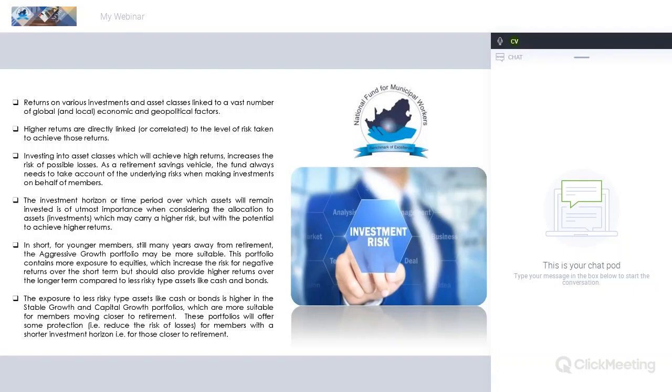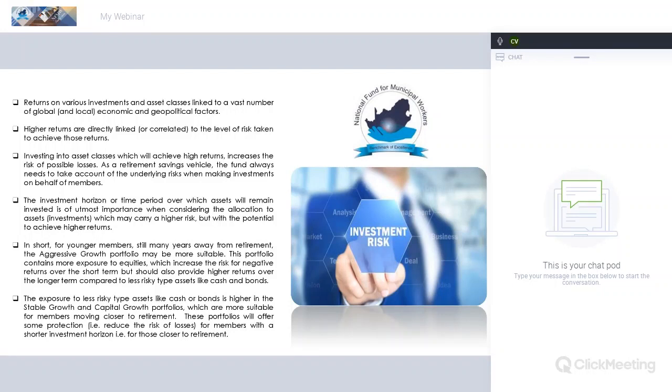One risk measure is volatility. It just means that market volatility or price movements can vary significantly when you invest in an asset like, for example, equities.